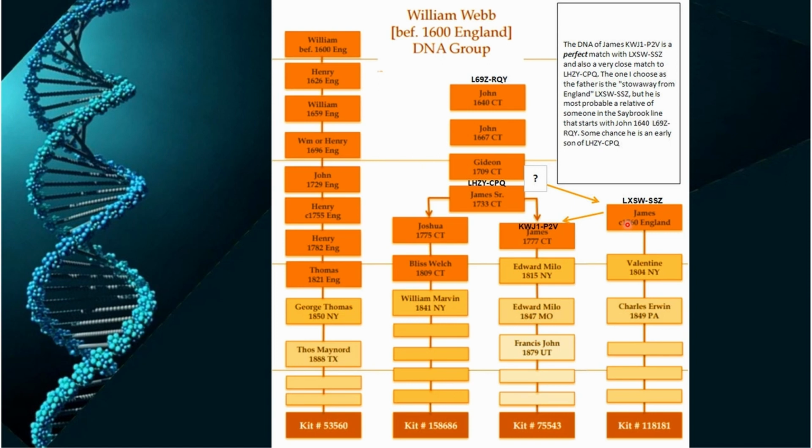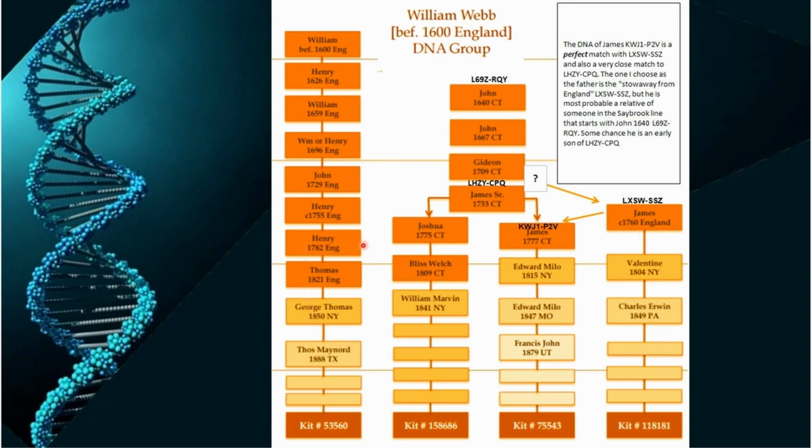Because if he was a stowaway from England, on the Webb line that had stayed in England all those years, his DNA would drift a lot farther away from my DNA, okay? For example, it would look more like this line here, because he made the jump in maybe 1760.